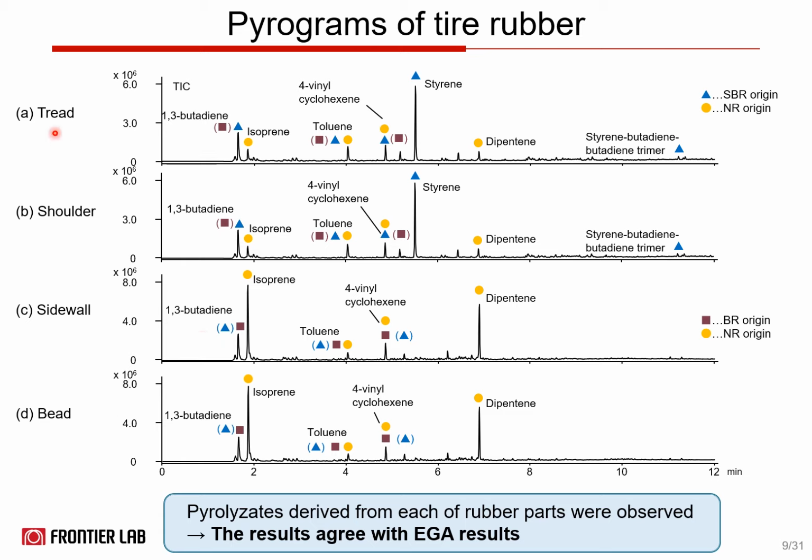In this pyrogram, the shape of the chromatograms A is similar to B, and C is similar to D. This result is the same as TD. The pyrolyses generated are also in good agreement with the EGA results.